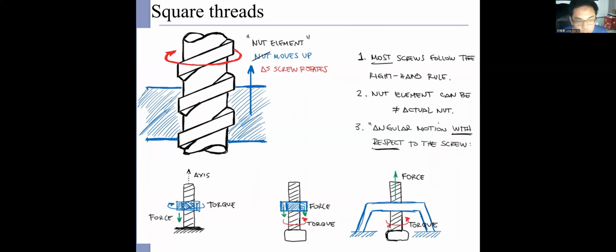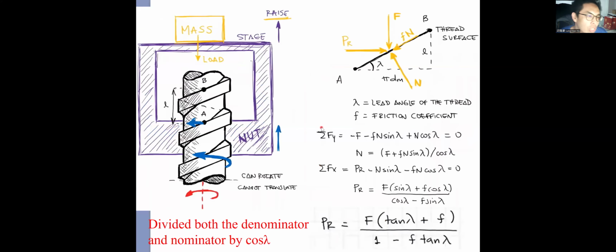And if this nut element is fixed right here, and the only component that can rotate is the screw bolt, then when this screw bolt rotates, it will move up. So we can define the relative motion of the nut element based on the power screw. So this is the example here.